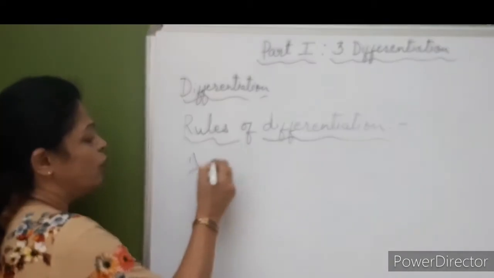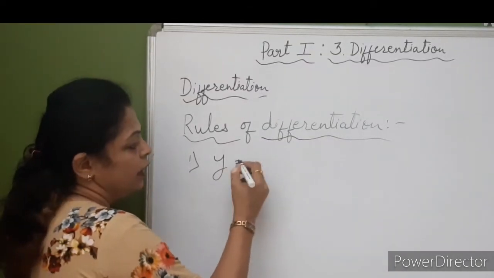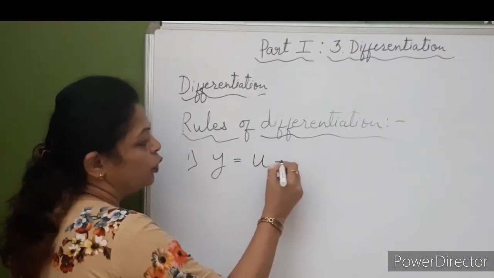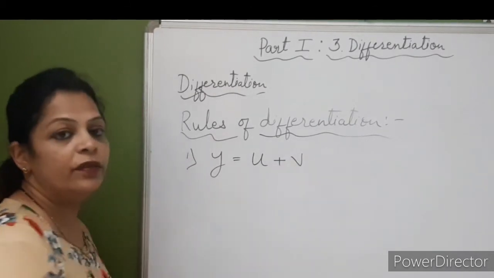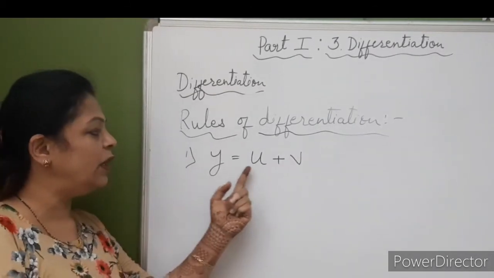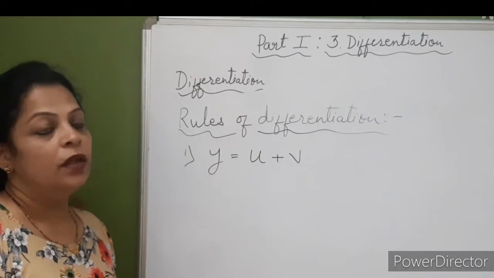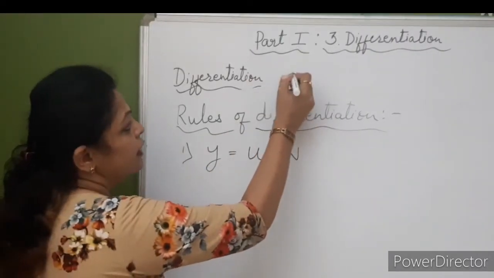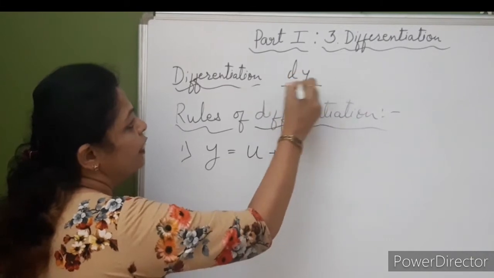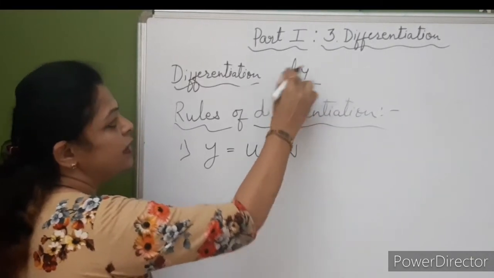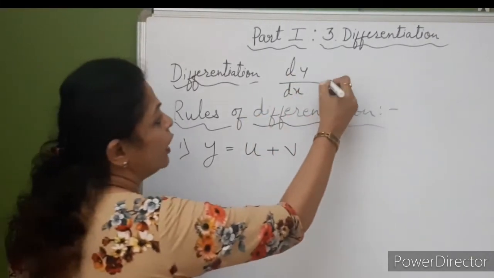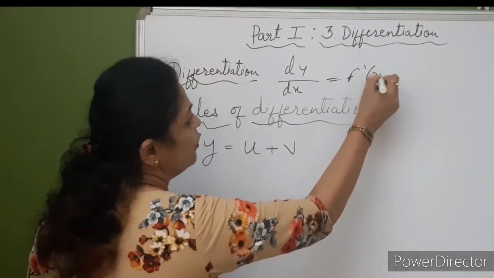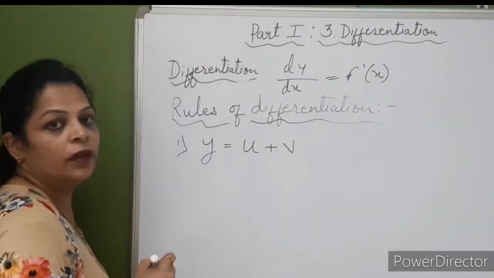Now suppose y is a function of two variables, say u and v, expressed as y is equal to u plus v. Now how do we denote the derivative? The derivative of y with respect to x can be written as dy by dx, or you can write it as f dash of x also. Getting?